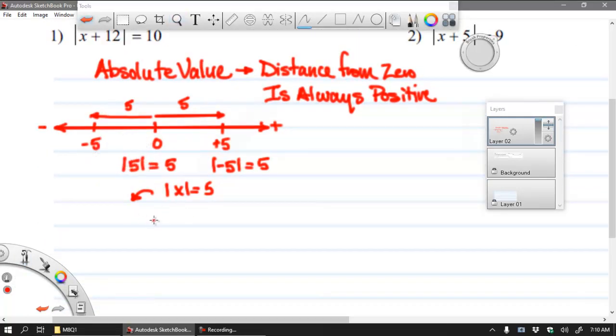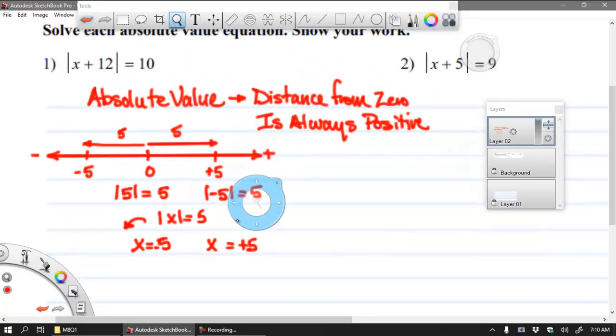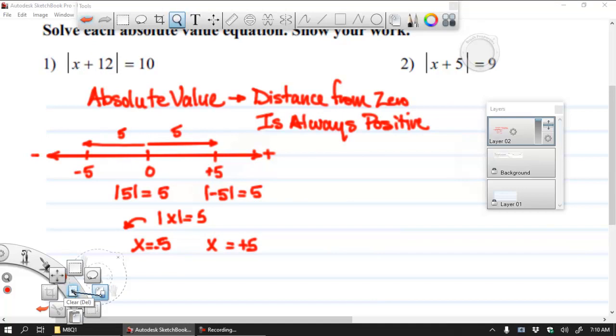The idea is that if you're going to solve an equation for absolute value, you drop the absolute value sign. You have a negative side of the absolute value, and then you have a positive side of the absolute value. So that's how we get our 2 answers. And again, this is just a really basic thing, and when we solve problems 1 and 2, you'll see how it all works.